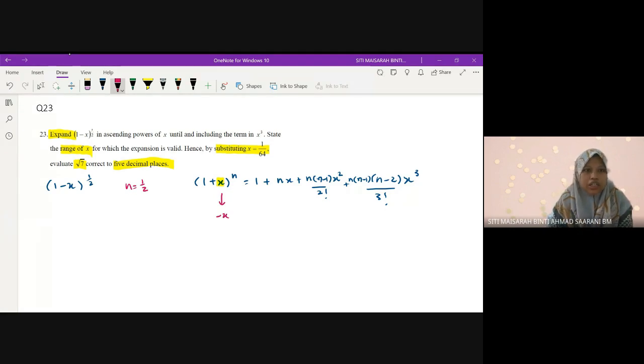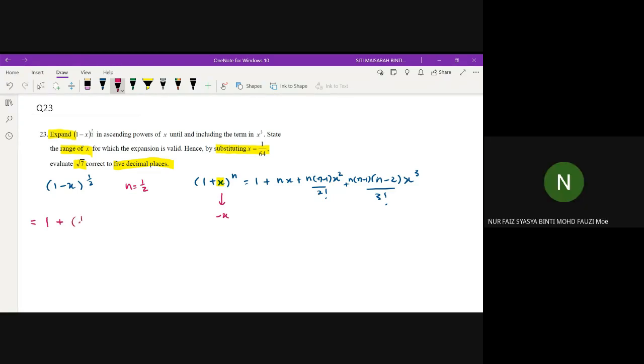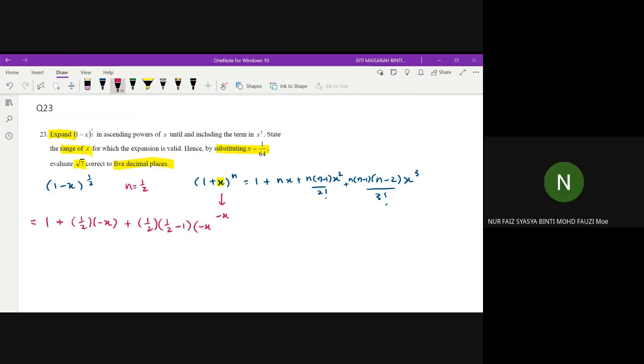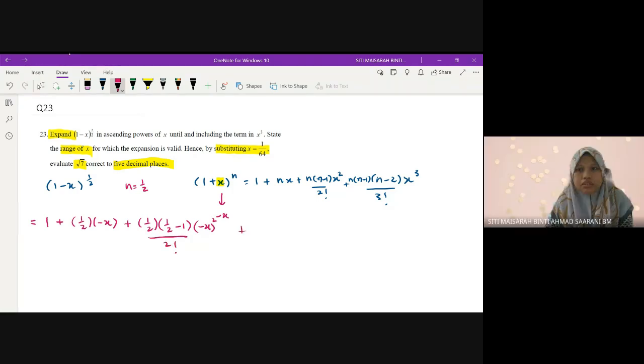Okay, so our expansion becomes 1 plus n. This one does not need to be factorized because it is already 1 at the front. The earlier one had to be factorized because it was not 1. So 1 plus 1/2 multiply negative x, plus 1/2 multiply (1/2 minus 1) multiply negative x square over 2 factorial, plus 1/2 multiply (1/2 minus 1)(1/2 minus 2) multiply negative x cube over 3 factorial plus dot dot dot.